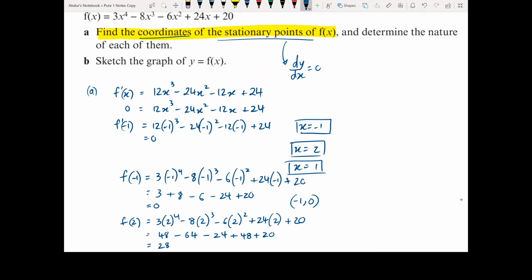Therefore, the coordinate here is (2, 28), the second stationary point.